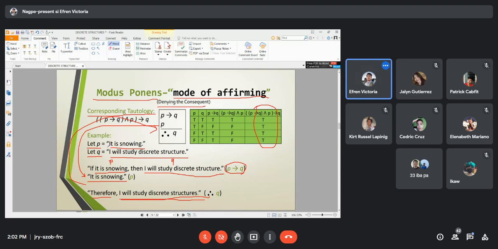Okay, so if it is snowing, then I will study discrete structure.